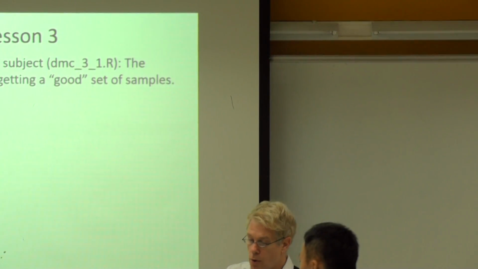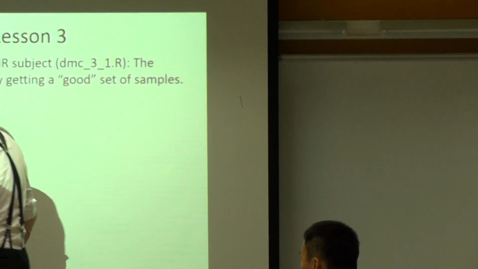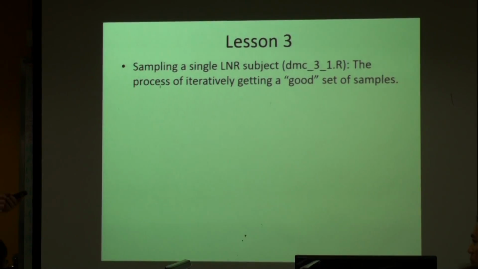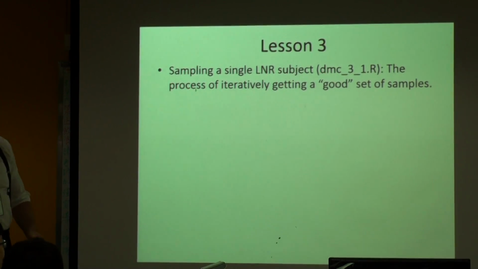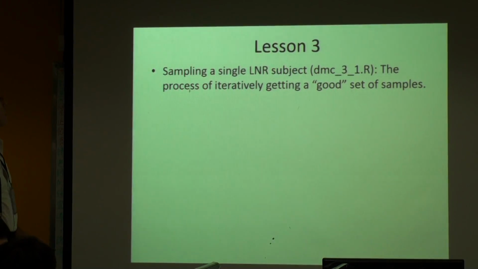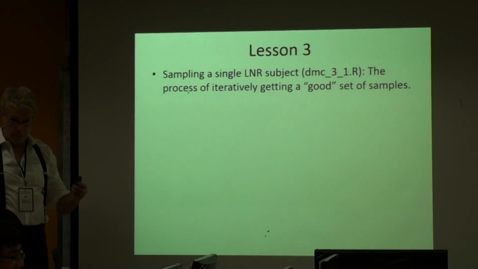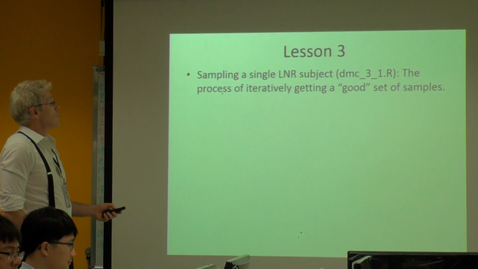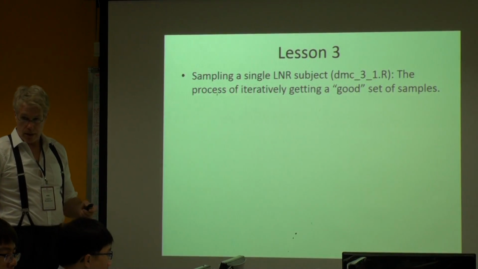Okay, so we're going to work through 5 lessons now. So we'll go to RStudio, so make sure that you're all logged in, looks like you are. I will work you through some of these by running them, and you can follow along, and then some you can do yourself. So first of all, we'll deal with a single LNR subject.